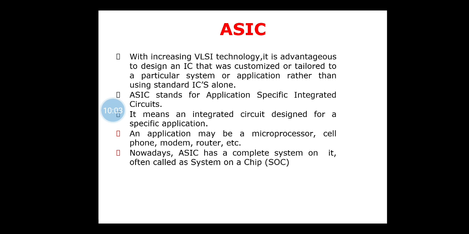Now the ASIC stands for application specific integrated circuit. It means an integrated circuit designed for a specific application. An application may be a microprocessor, cell phone, modem, router, etc. Nowadays an ASIC has a complete system on it, often called system on chip, that is SoC.